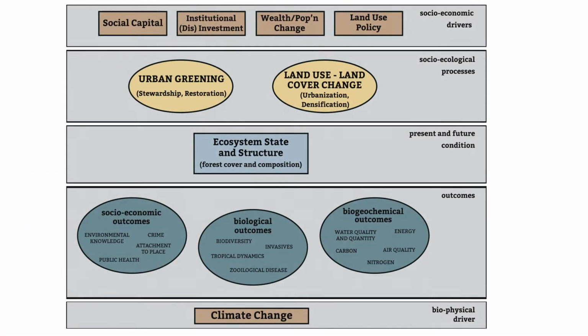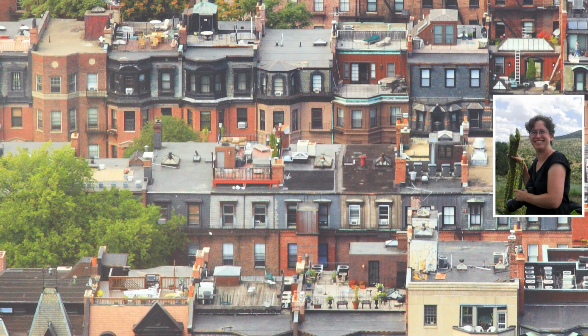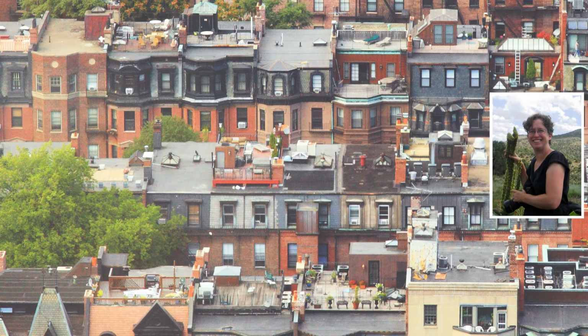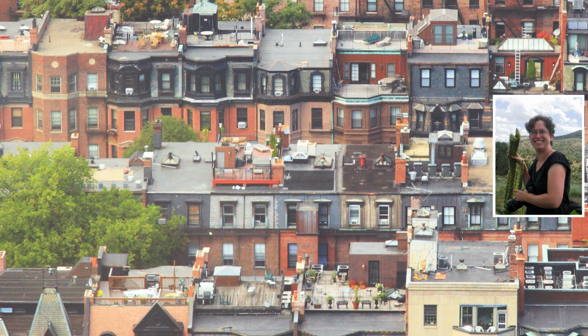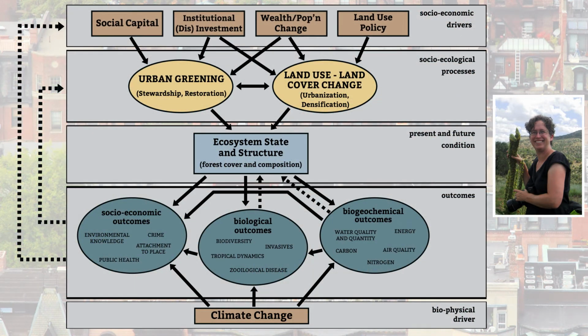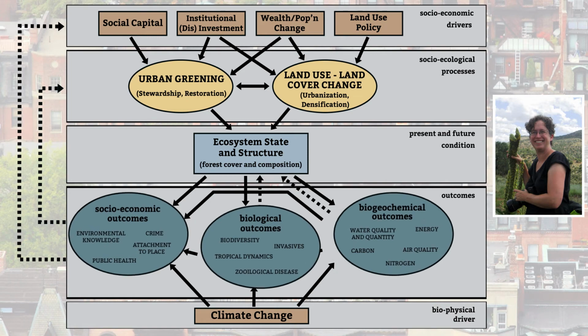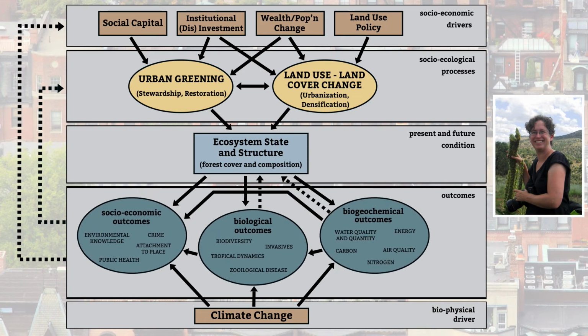Let's now take a look at an example of a conceptual diagram or model. This is from a team of researchers studying the Boston metro region led by Dr. Paige Warren of the University of Massachusetts at Amherst. The team hypothesized that a combination of historical and social processes led to land cover transformations that not only produce the current ecosystem states, but also the health and well-being outcomes of people living in the area.